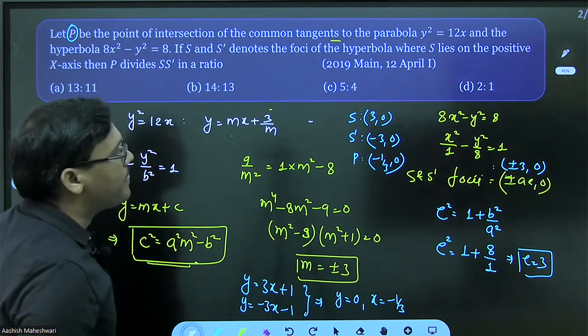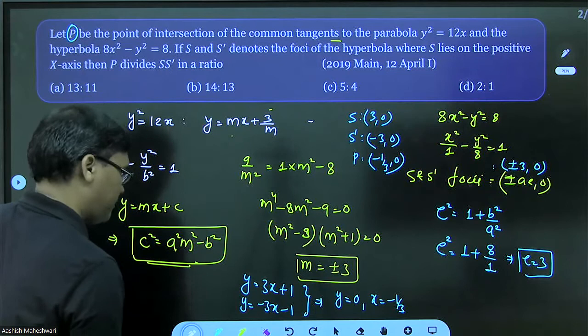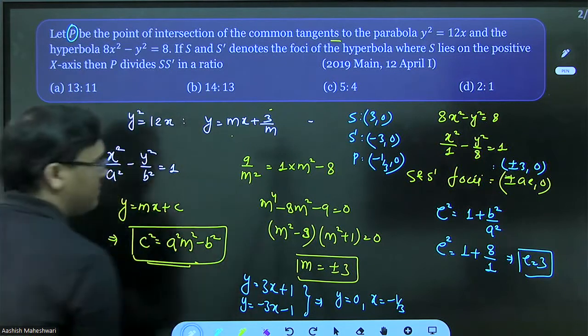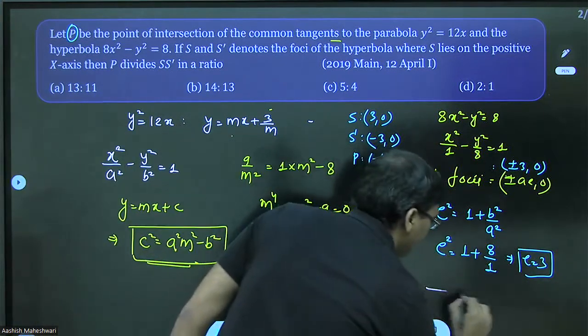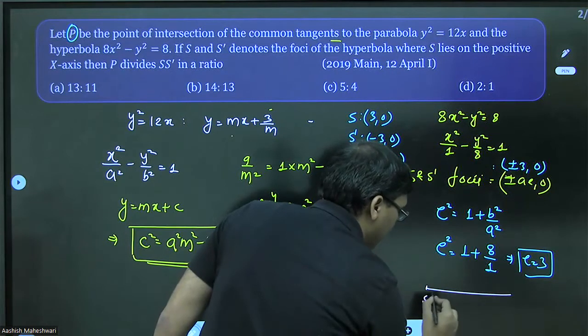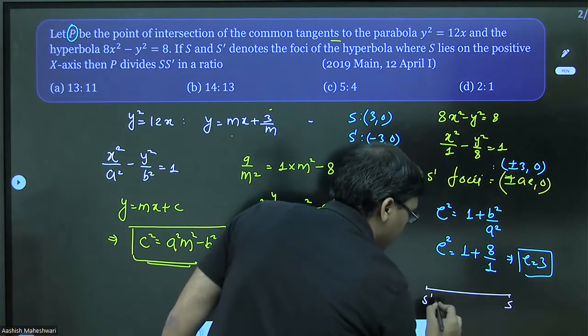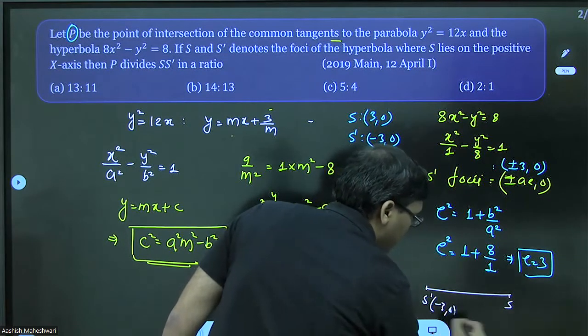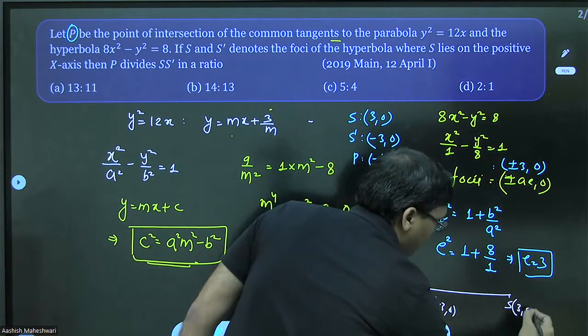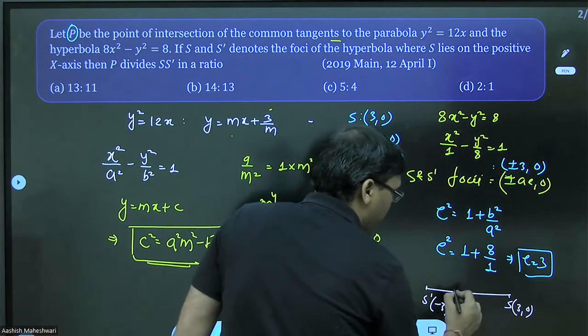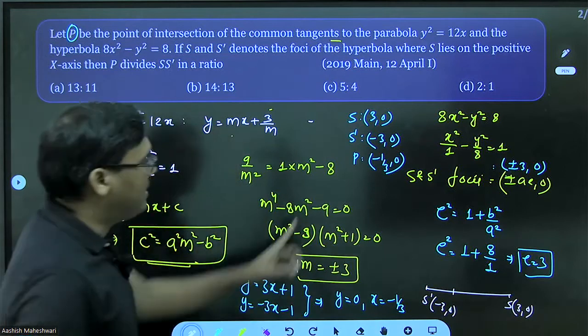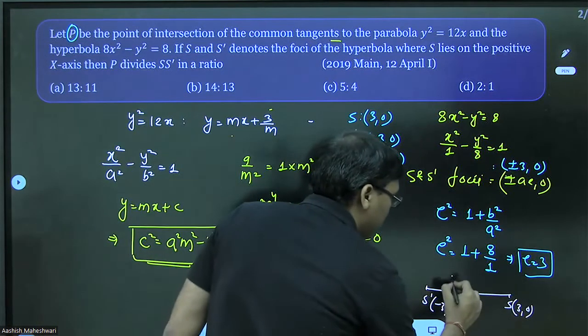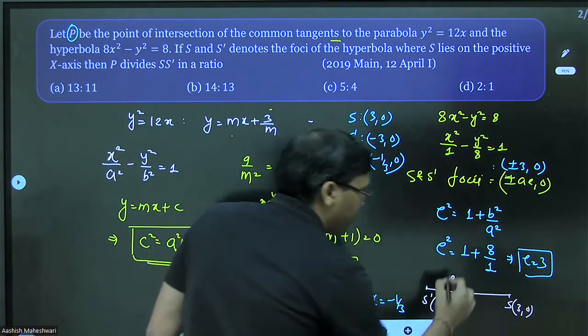Let me write it here. Let's say this is S dash, this is minus 3 comma 0, and this is S, which is 3 comma 0. And what is point P? Point P is minus 1 by 3 comma 0.